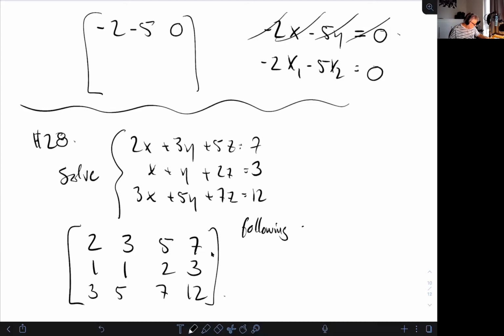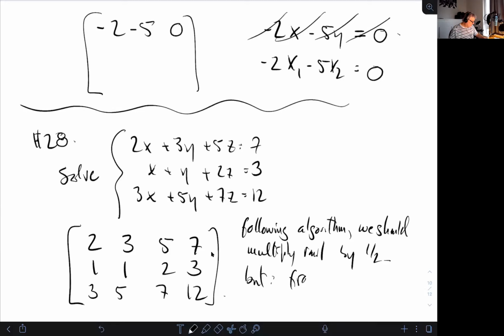Following the algorithm, we should multiply row 1 by 1/2, but we're going to get fractions. What would be a smarter way? I want to get a 1 in that top left corner. You can use any basic row operation that you want.